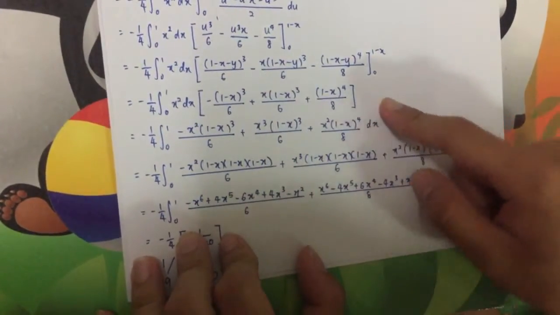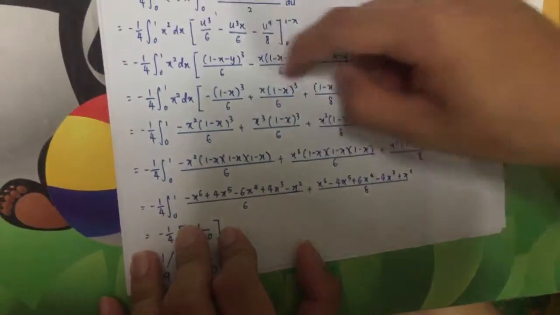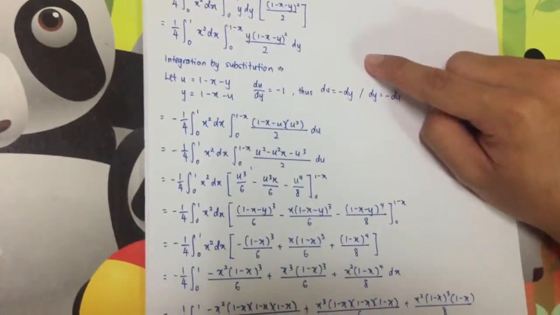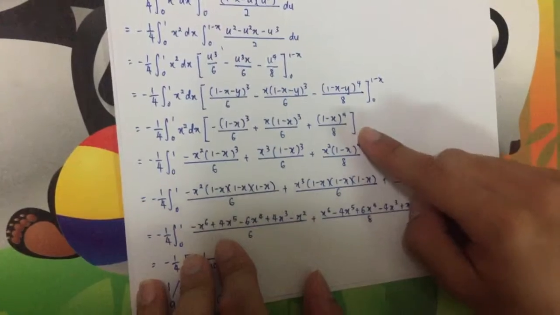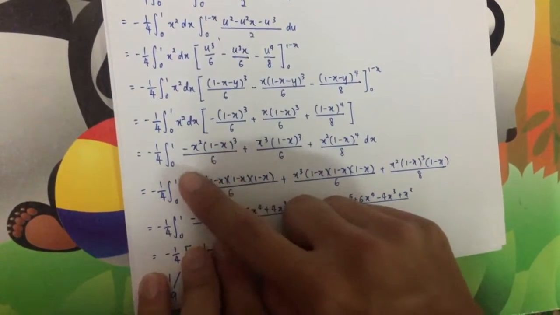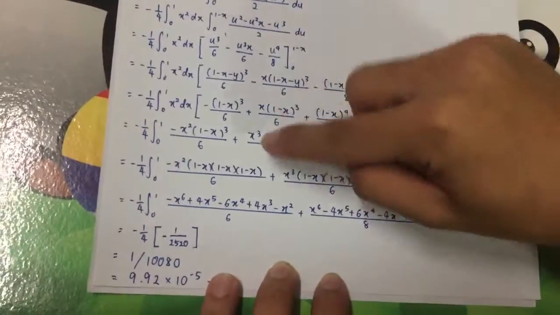So now we already have this. From the previous part, we substitute the answer from the integration with respect to y into x. When we multiply it, it will be this. So we continue.